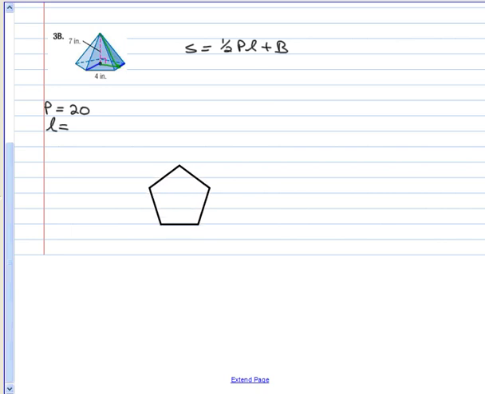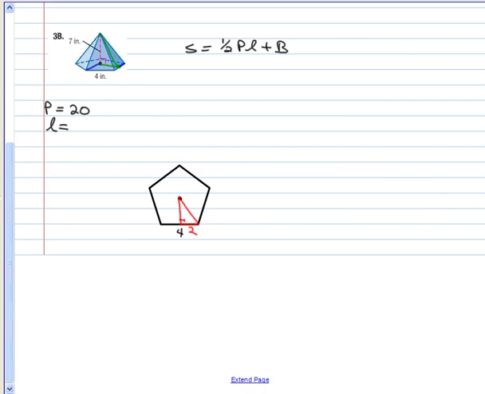Let's get a length of one of these pieces in our triangles. Here's the base. Right there is the center. I know 4 is right over here. So why don't we work with this triangle right here? We know 2 is this piece, right?